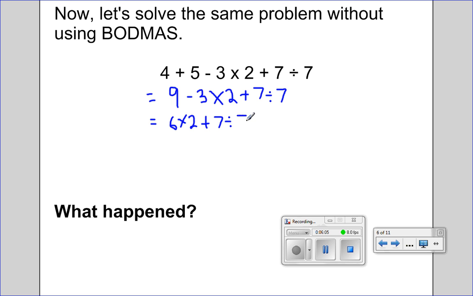Now your mind's racing ahead and you're thinking, well, 6 times 2 is 12. Okay, we've got 12 plus 7 divided by 7. In the end, what I end up with is 12 plus 7 is 19. Okay, that's 19 over 7.